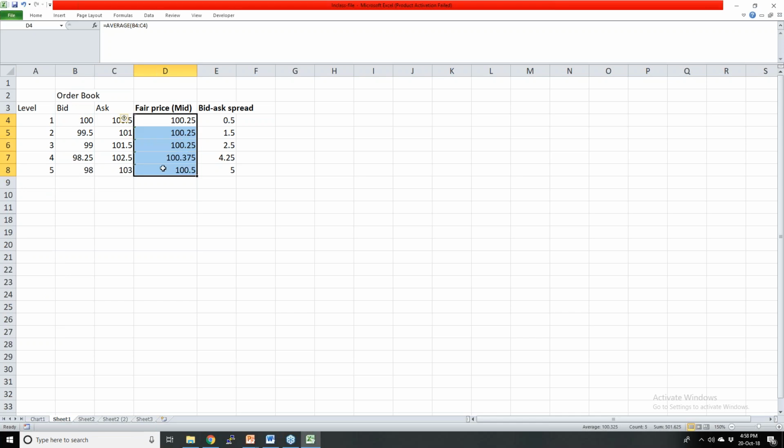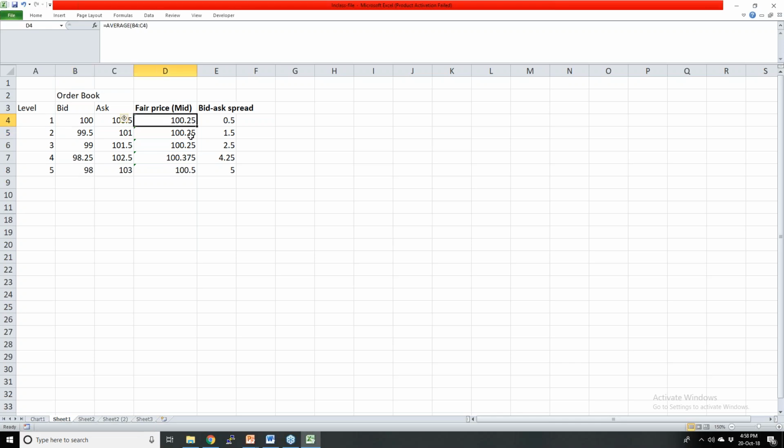If I buy at the bid, at $100, I make a profit of 25 cents. If I get traded at 99.5, I make a profit of around 75 cents from the mid price.